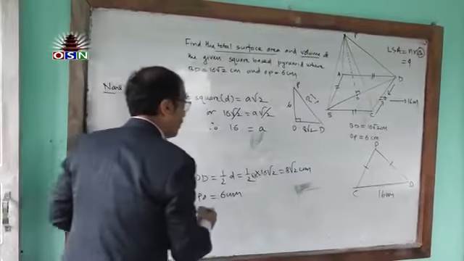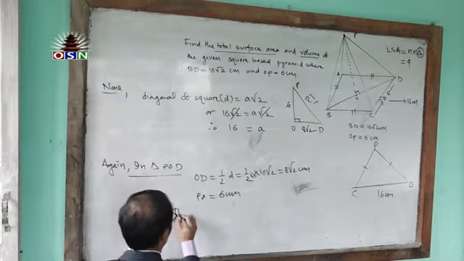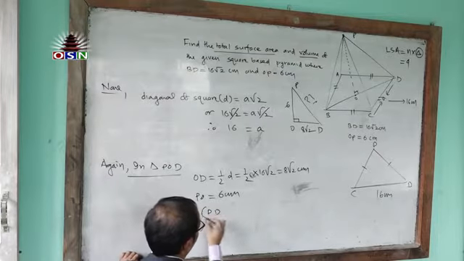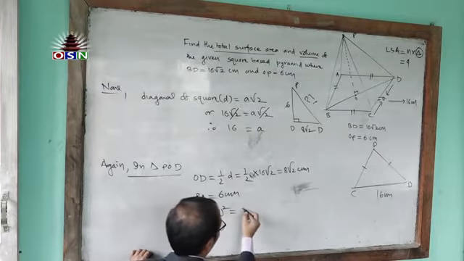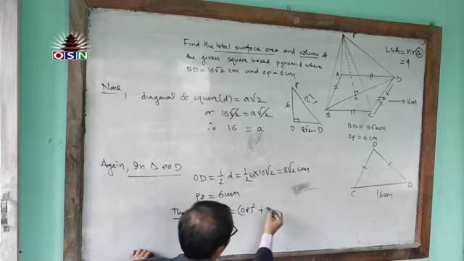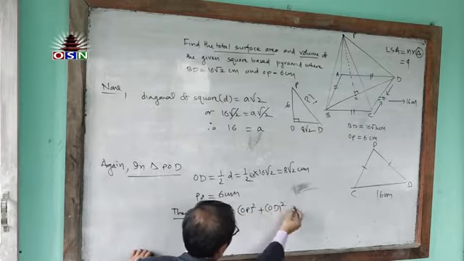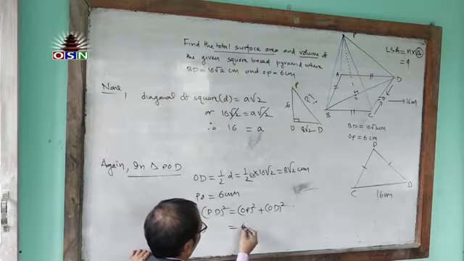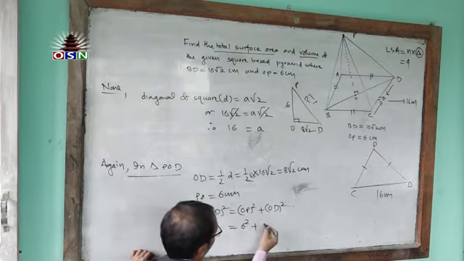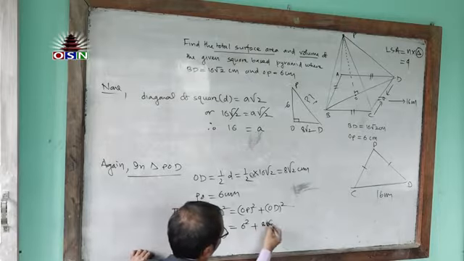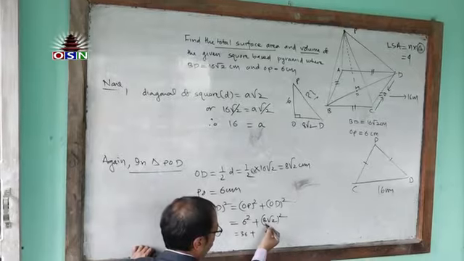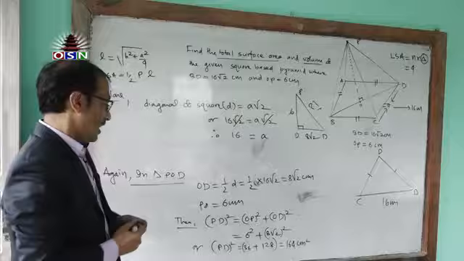Again, in triangle POD, by using Pythagoras theorem, PD square equals P square plus B square, or OP square plus OD square. OP is 6 square plus 8 root under 2 square. Then 36 plus 64, that is 128.